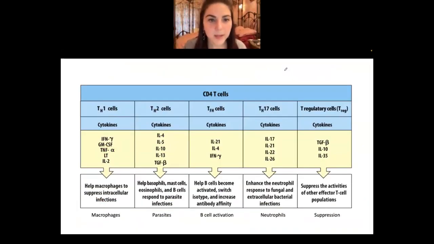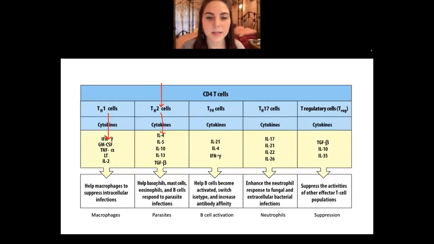Okay. Here's what we just talked about. Again, there's tons of cytokines. I highlighted on the last one the ones that I at least think are important. And again, these are cytokines that these cells are secreting. Remember, this is a step after the cytokines that turn the naive T cell into that.